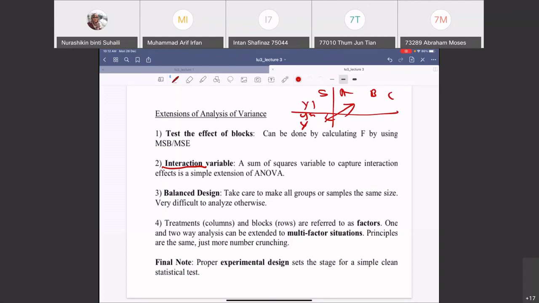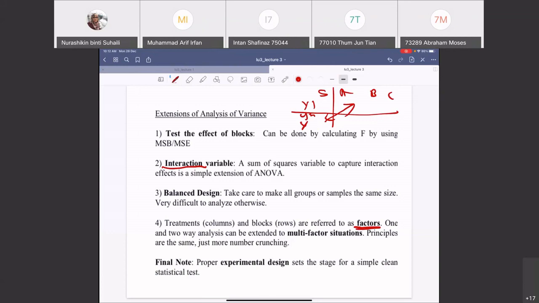Okay, treatments and blocks are referred to as factors. So actually one-way ANOVA with blocking is also known as two-way ANOVA because both treatment and blocks are considered as factors. The reason why we said one-way ANOVA before is we were analyzing only one factor.